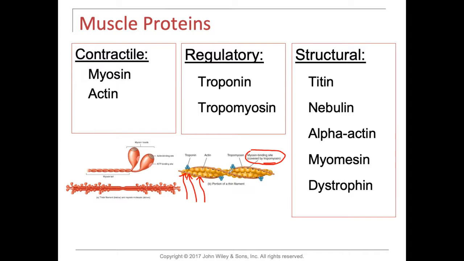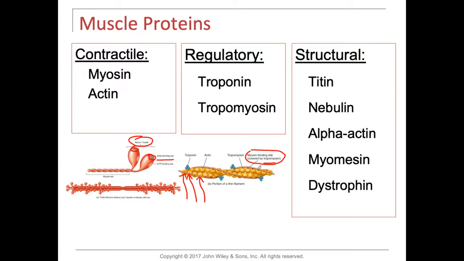It's blocking it. You'll see that the myosin heads on the left have a specific region right at the tip of the heads, right here and here, and it's called the actin binding site. Well, what do you think needs to happen? This actin binding site needs to connect to this on actin.